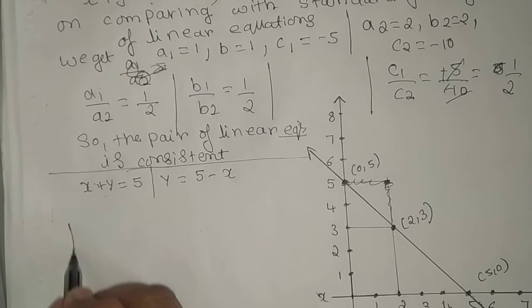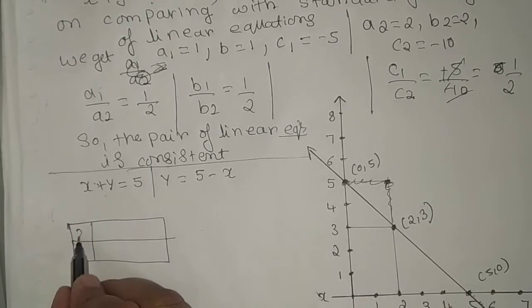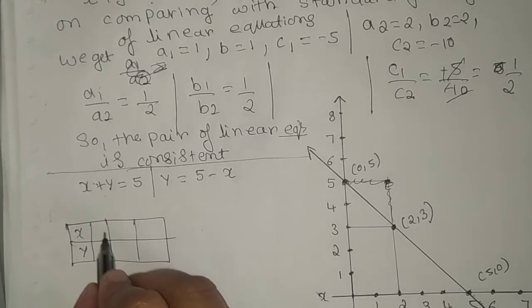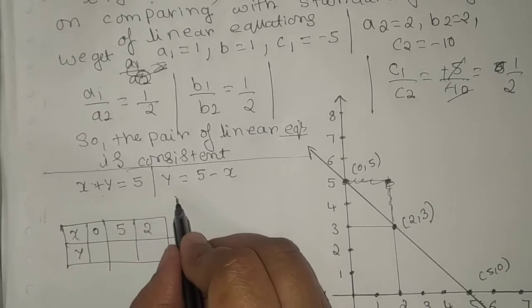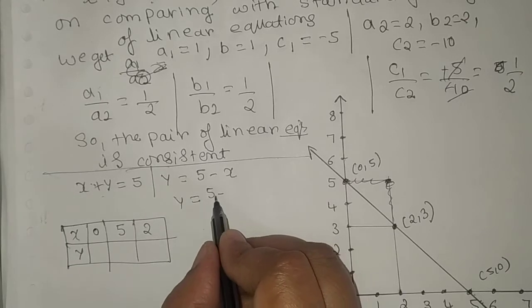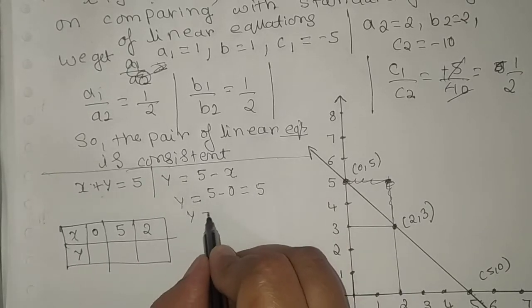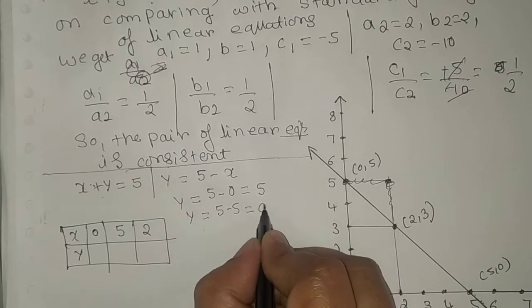So I'll write the table here for x and y. This is x, this is y. What are the values of x? We are taking 0, 5, 2, and I'll substitute these in each case. x is 0 means y is 5. Next, x is 5 means y is 0.